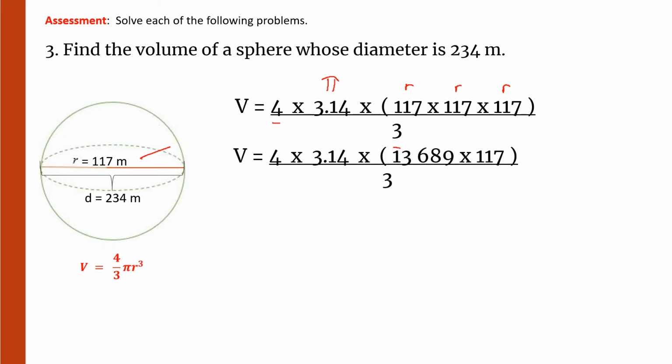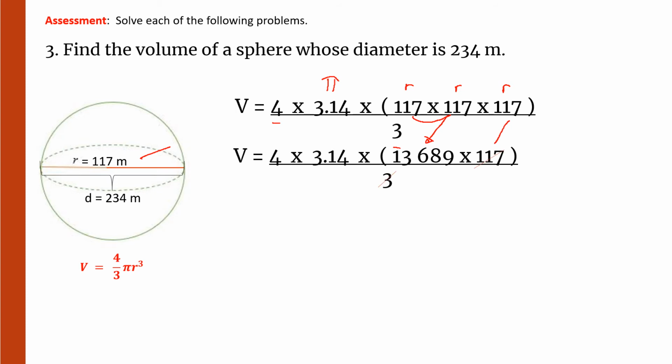Now, let us continue. Copy 4 times 3.14, then times 13,689 because it's the product of 117 and another 117. Then copy the last 117.